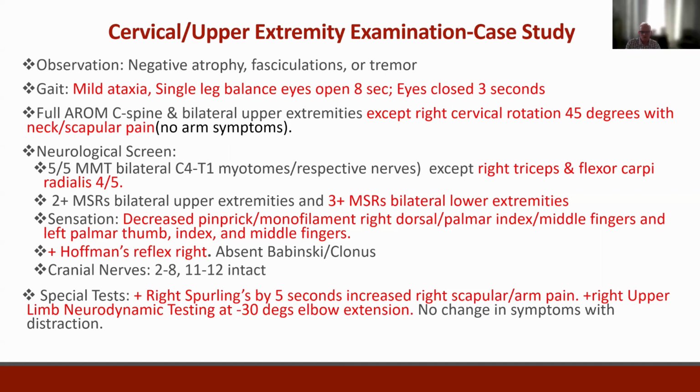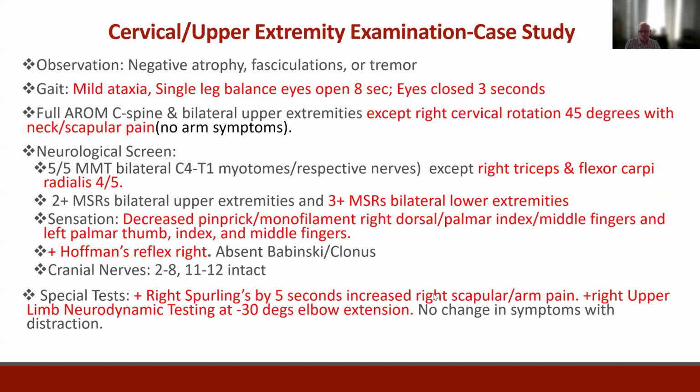So again, we got a Hoffman's, and we got bilateral lower extremity hyperreflexia, right? We don't have a clonus or Babinski, but we have hyperreflexia in the legs, and this would be more consistent with what kind of a problem? Yeah, good, Ryan. Upper motor neuron problem, right?